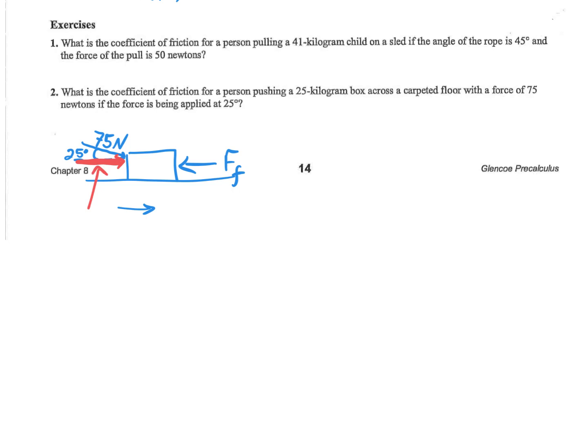What would the formula be? It's the x component, guys. Cosine 25 degrees. Okay, so we're going to set 75 cosine 25 degrees equal to what?